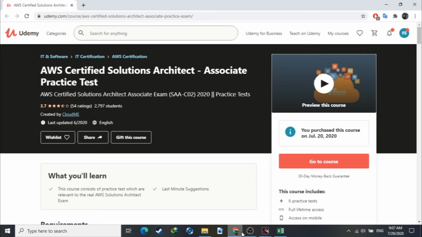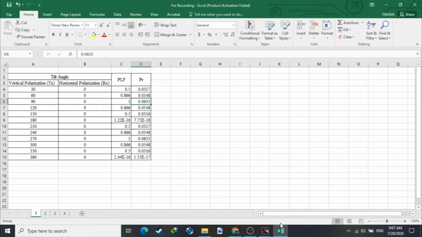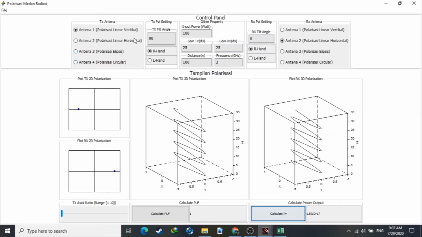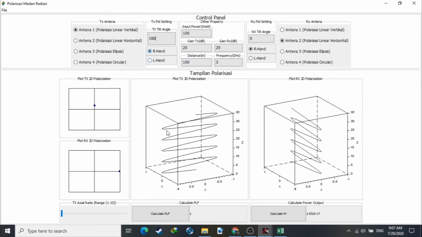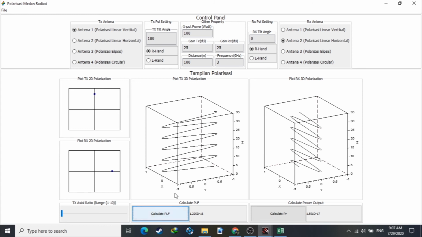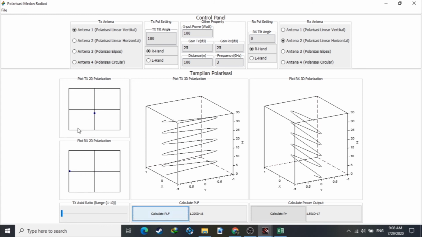Okay, so how about the other one? In here we're going to take an example at 180. So if we calculate this one, it's near 0. It's because of the movement itself being in a different axis.